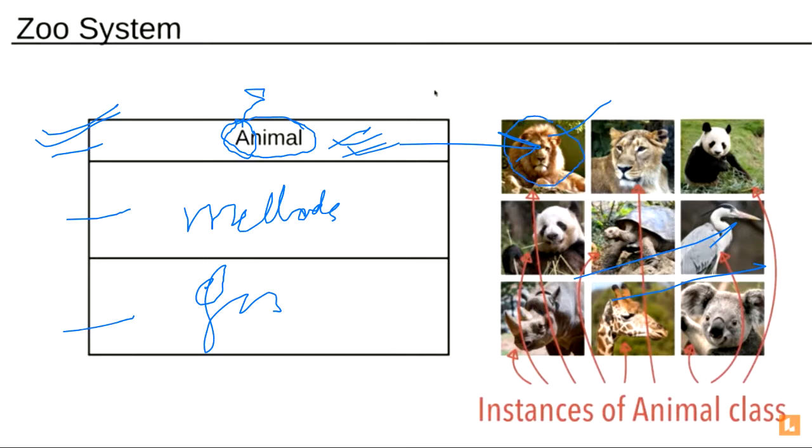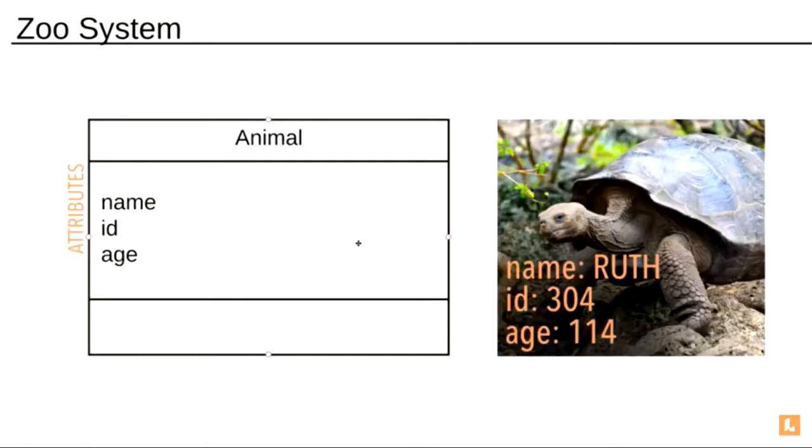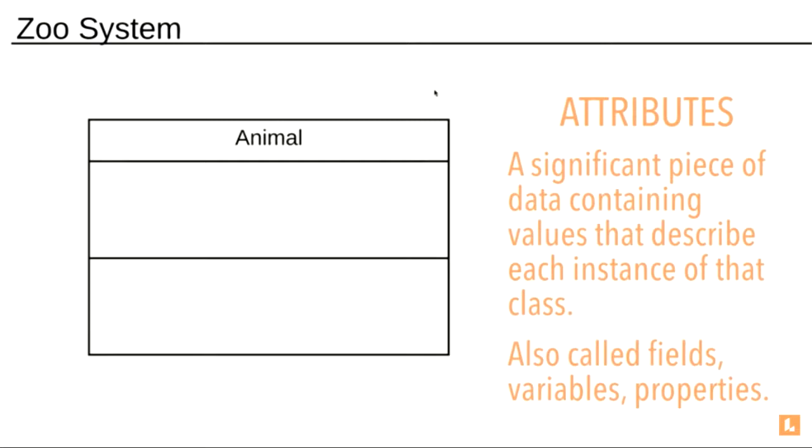Okay, let's see here. So here you will write the attributes. Okay, in your question or in normal real life also, attributes can be called as fields also, variables also, or properties also.